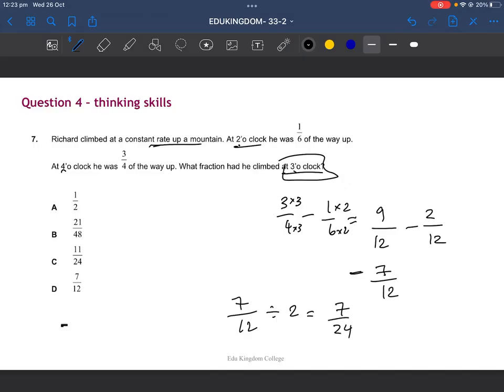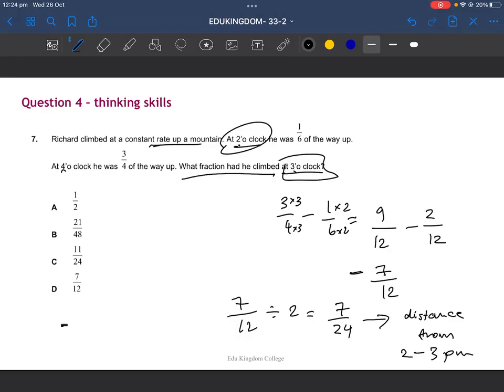Okay? But, is that the answer? No, you'll find that there's no option here. Why? Because this distance is actually the distance from 2 to 3 p.m., not the whole climbing action. So what do we need to do?